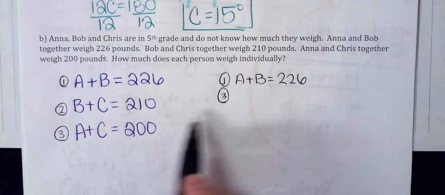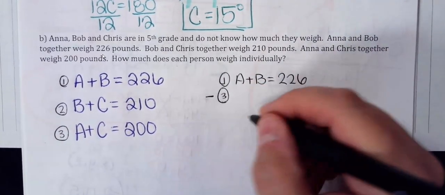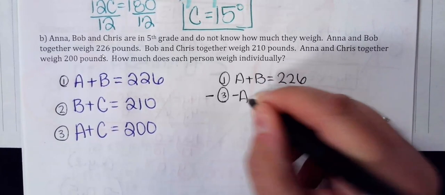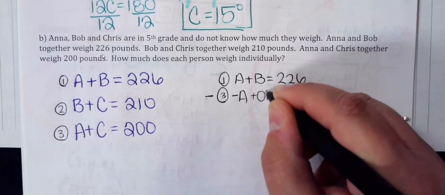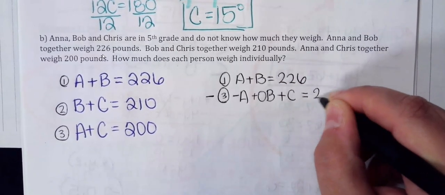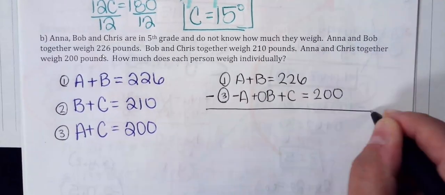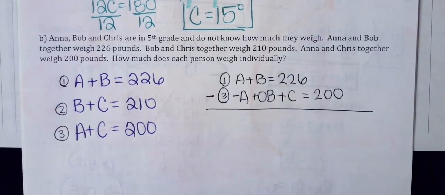Now 3, I'm just going to run a little negative through it, so those A's will be opposites. Now this is kind of weird, so it would be negative A. I don't have a B. And then I have a C. Sorry, I should have spaced that out a little bit better. Okay, now if I add these up, we're going to eliminate A, right?